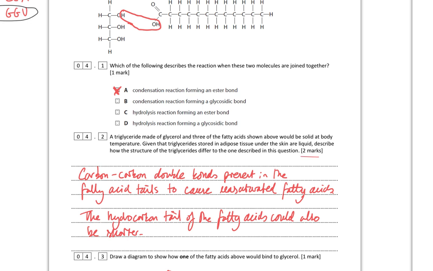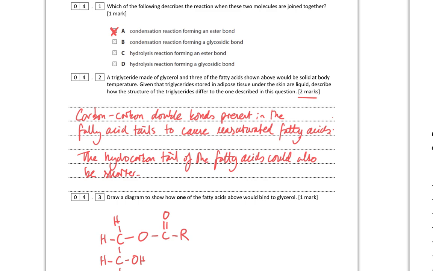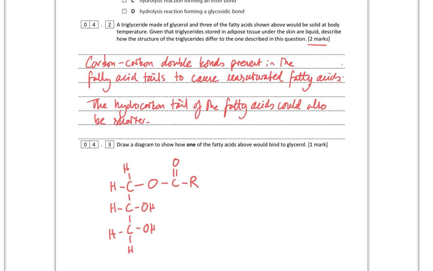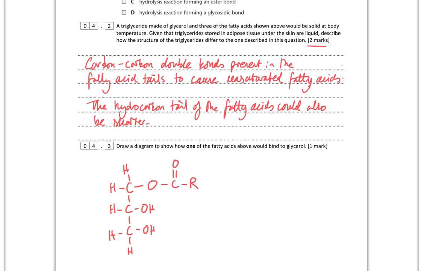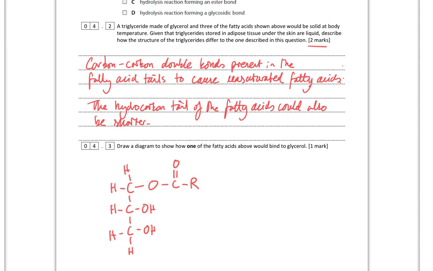I might get 2 marks for this, I'm not sure, but I can also say that the hydrocarbon tails of the fatty acids could also be shorter. Both of those cause it to be more fluid and have a lower melting point. And a diagram of how one fatty acid above would bind to glycerol. So just pop the ester bond on, and I can put an R instead of all those C's and H's.